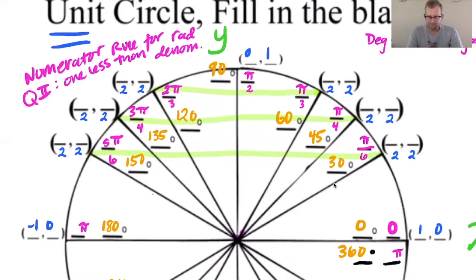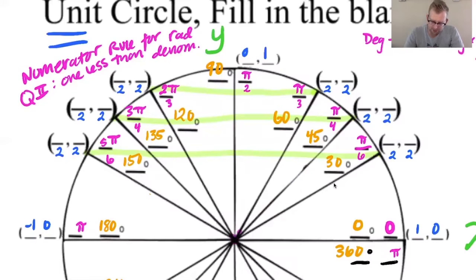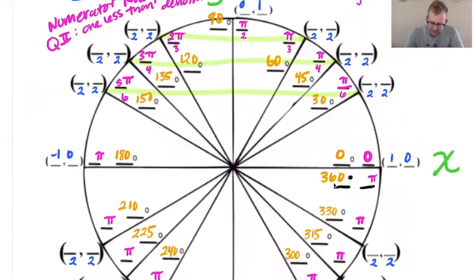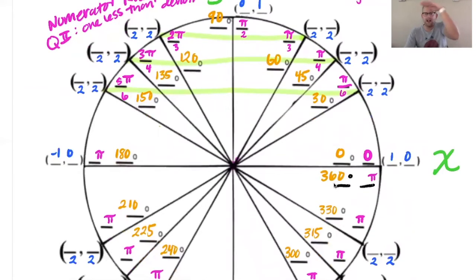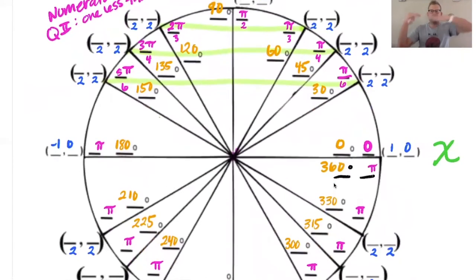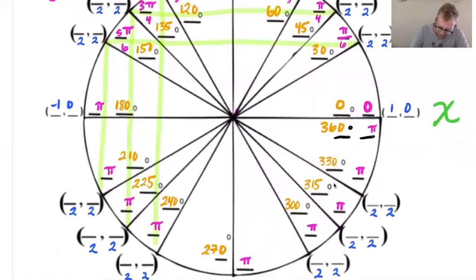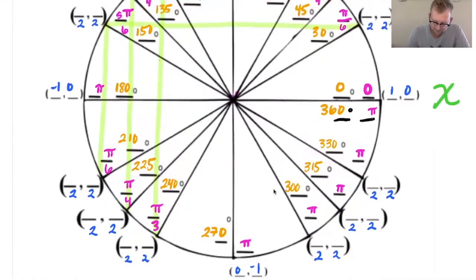All right, so similar to the green highlight here, if we move into quadrant 3 now, I'm going to take those horizontal lines and move them vertically now. So I'm just dropping a vertical line down here, and then I will copy those denominators, so 6, 4, 3.